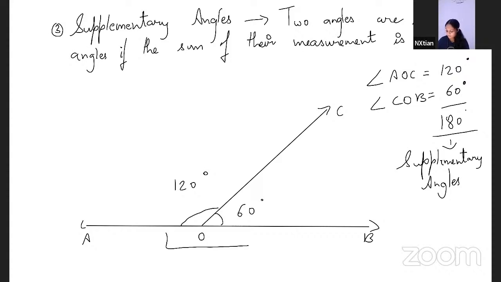A straight angle is forming when two angles are formed on a straight line. Their sum is 180. We have supplementary angles.